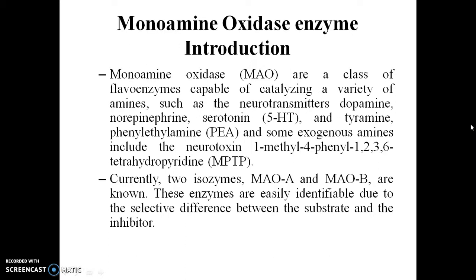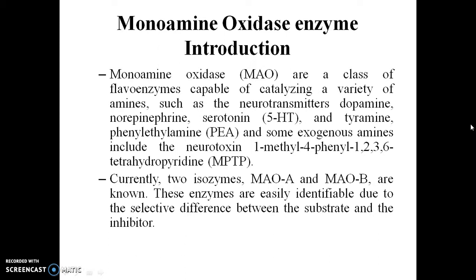Currently two isozymes are known, monoamine oxidase 1 and monoamine oxidase 2. These enzymes are identifiable due to selective differences in substrate and inhibitor.